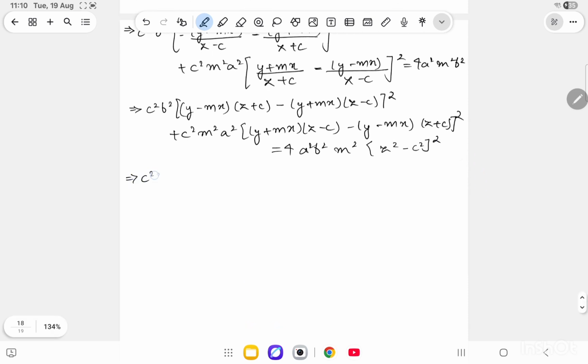I can simplify it further by opening these brackets.